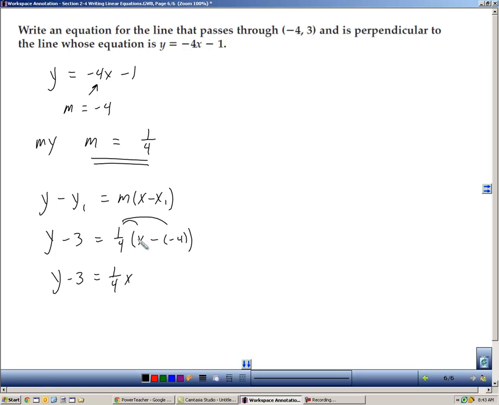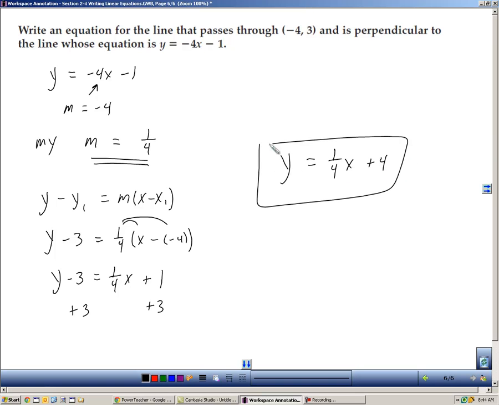If you multiply 4 times 1/4, you get a 1. Then I'm going to isolate the y to put it in slope-intercept form. So we'll get a final equation of y equals 1/4 x plus 4. And that's the line that goes through point -4, 3, but is perpendicular to this equation.